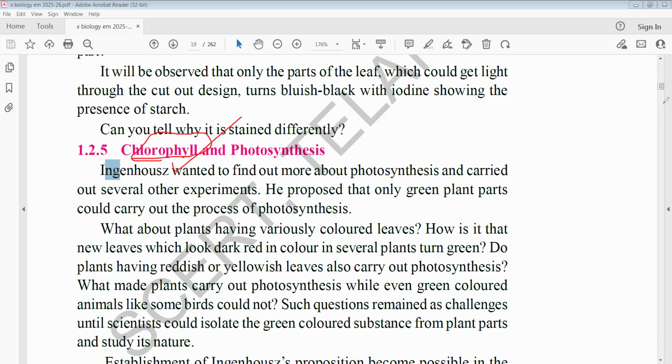John Ingenhousz found out through several experiments where photosynthesis is carried out. He proposed that only green parts, not all parts, carry out photosynthesis.